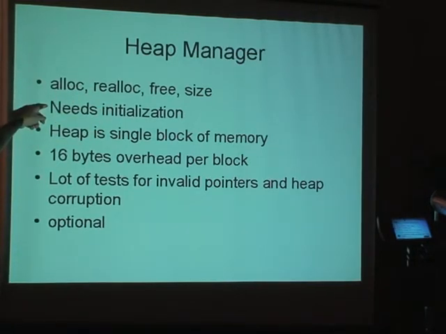It does need some initialization before it's used, and after it's done, it should be uninitialized. In implementation, it is a single block of memory, which is enlarged on need. This has its advantages and disadvantages, but this is just an implementation detail. There is a 16 bytes overhead per one block of memory allocated.